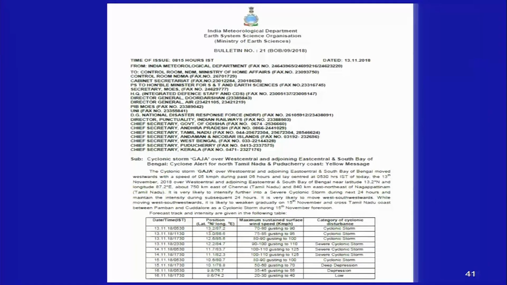The lat-long coordinates are given, and at that particular coordinate and time, what wind speed is expected in that region, and what is the category of cyclonic disturbance. Either it will be a cyclonic storm or a severe cyclonic storm. These warnings or bulletins are regularly issued. So this was of 13th November.